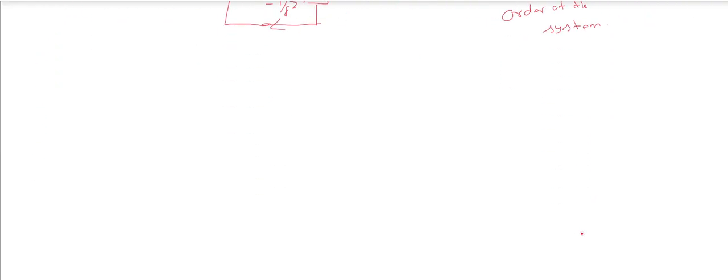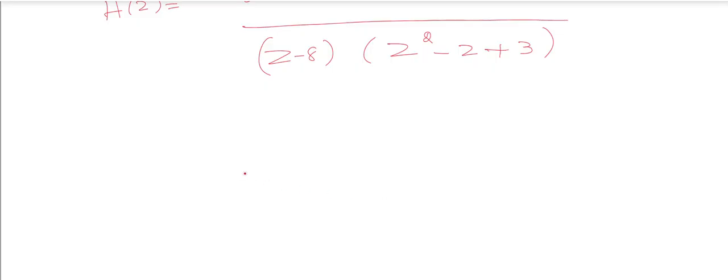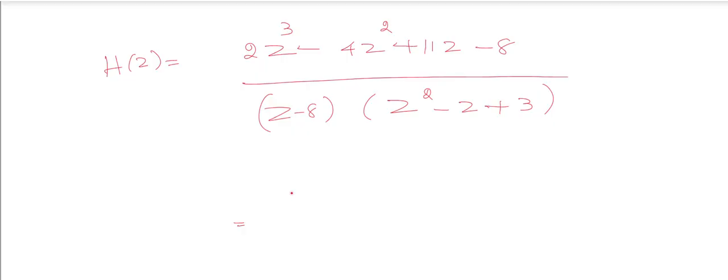Similarly, you can take another example. You can practice H of z is equal to 2z cube minus 4z squared plus 11z minus 8 divided by z minus 8 into z squared minus z plus 3. So you have to simplify this transfer function. Take z cube outside.